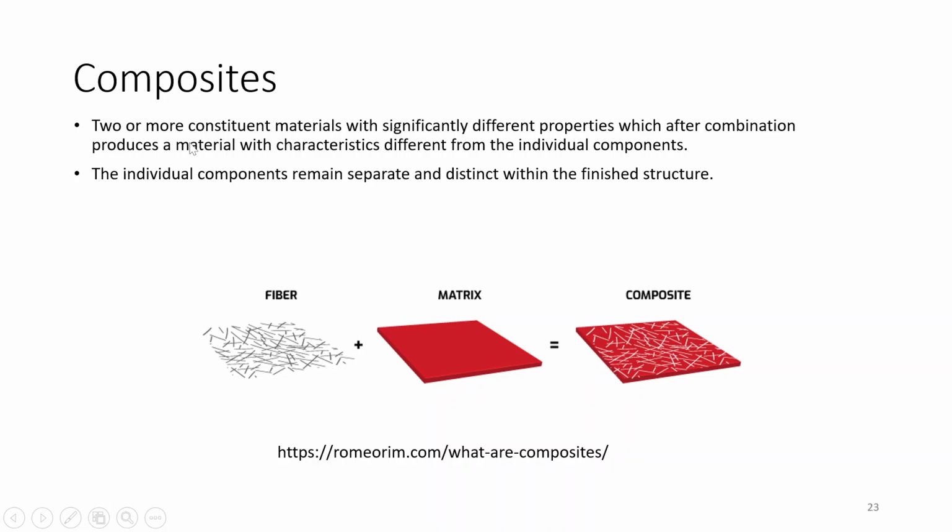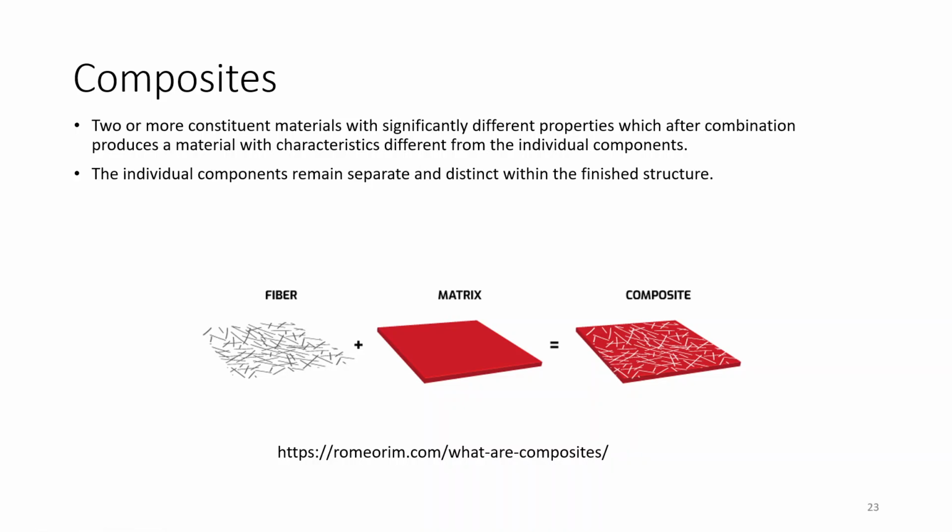Next we have composites. Composites have two or more constituent materials with significantly different properties, which after combination produce a material with characteristics different from the individual components.